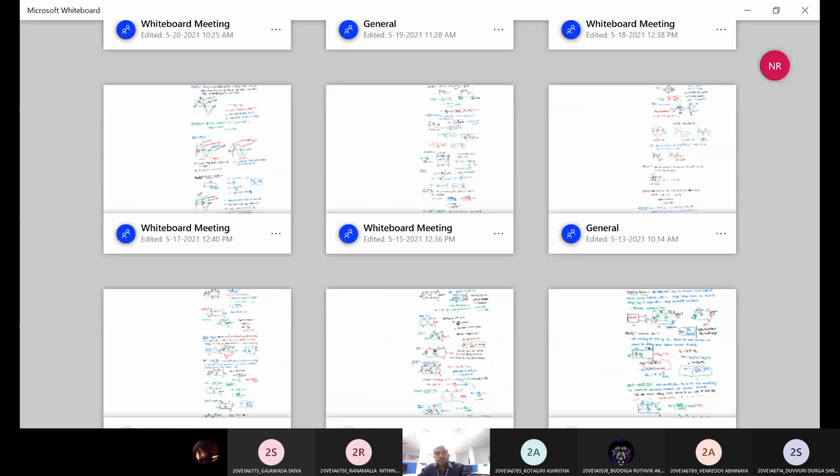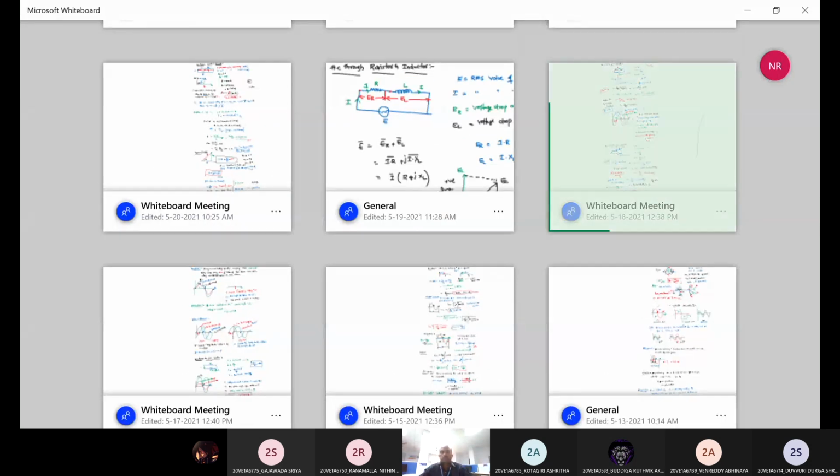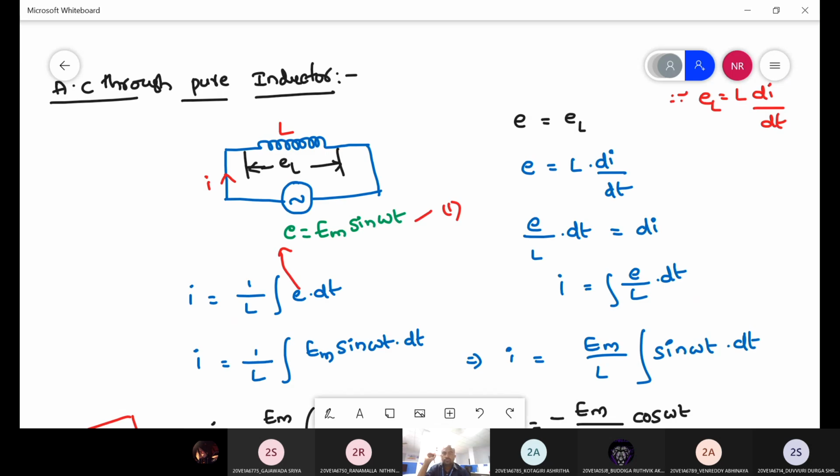After AC through pure resistor, next is AC through pure inductor. See this. Here I am given the supply voltage E equal to Em sin omega t. The voltage drop across the inductor is EL.